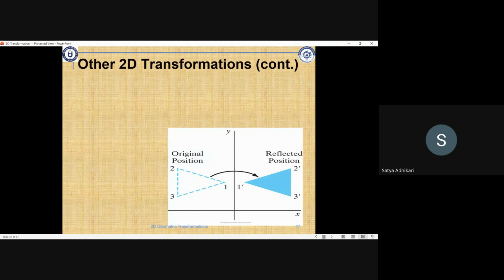If we keep a mirror on the y-axis, you will get the image at 1 dash, 2 dash, and 3 dash. So this is a reflection of an object about the y-axis, or the line x equal to 0.